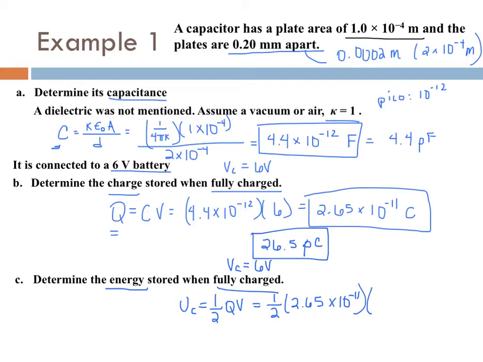So you can either derive it, or you can just use the information we now have. Which gives you 7.96 times 10 to the negative 11. Because we're solving for energy, this is in units of joules.